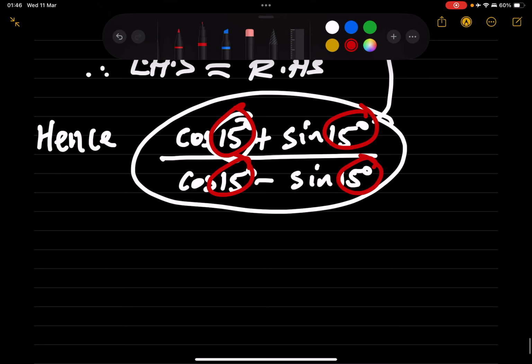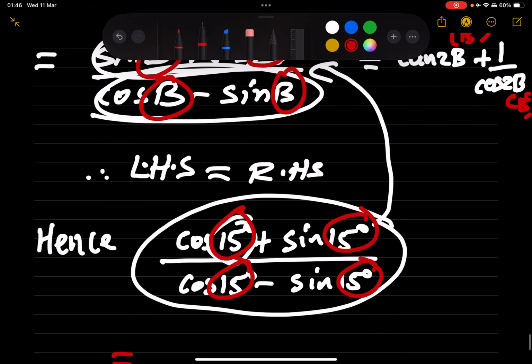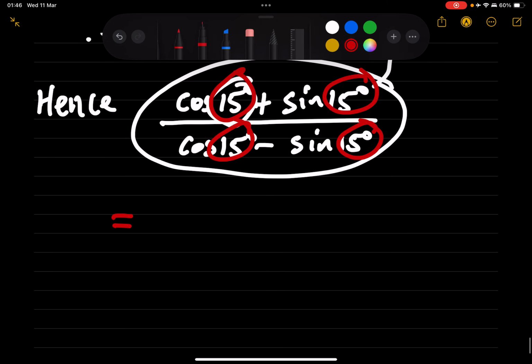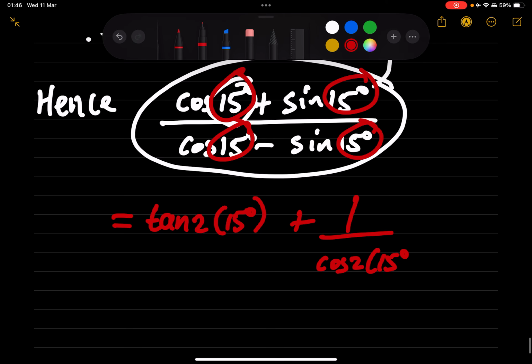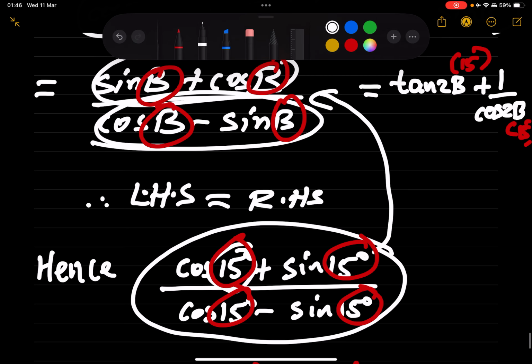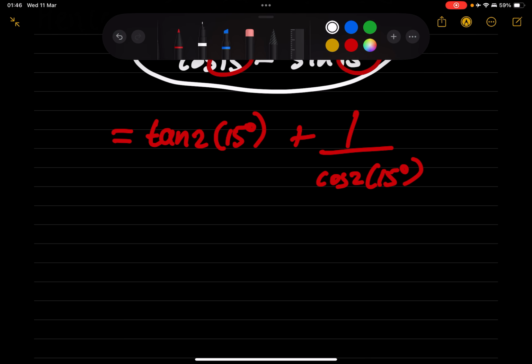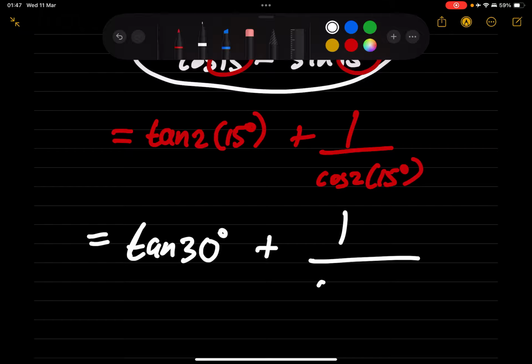Which means this guy here will be the same as tan 2 times 15 plus 1 over cos 2 times 15, which becomes tan 30, since 2 times 15 is 30, plus 1 over cos 30.